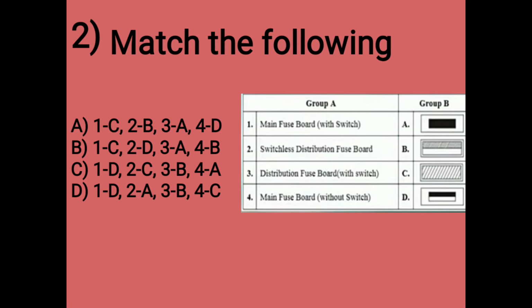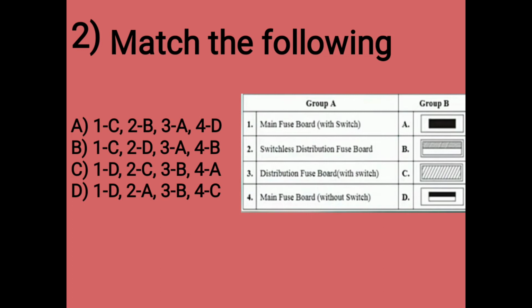Means 1D means 1 main fuse board. So this is the symbol of main fuse board. These are very important. Then second is 2C. 2 is switchless distribution fuse. This is the symbol of switchless distribution fuse board.